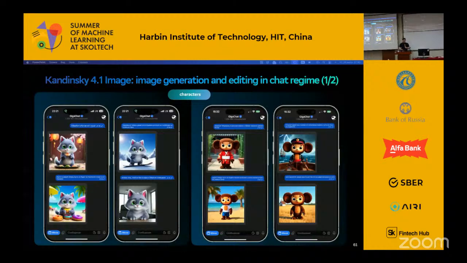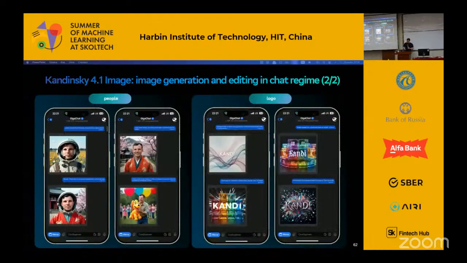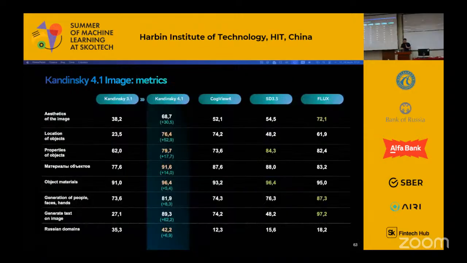Moreover, because Kandinsky is integrated in GigaChat, you can just write a prompt in dialog format and edit the image, for example, in the way you would like. Moreover, we can generate text on the image, so that's a common property of such models. And we had our own benchmark.